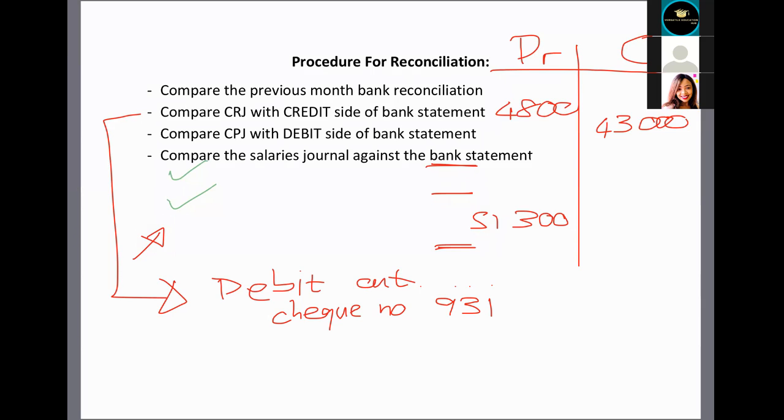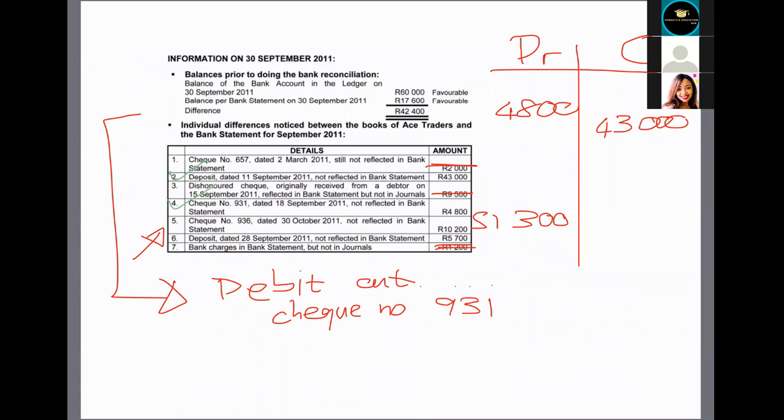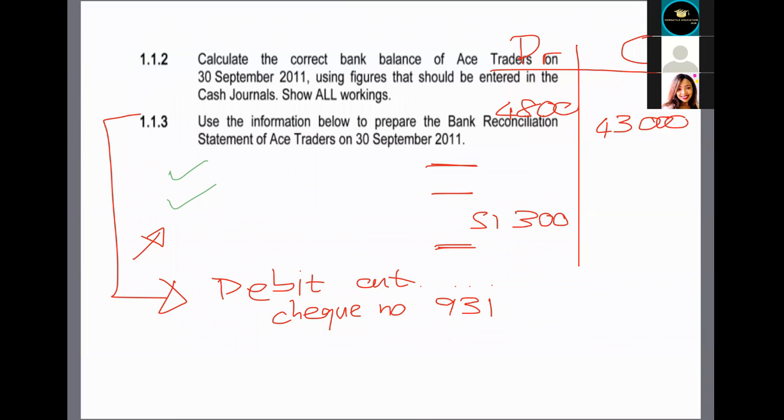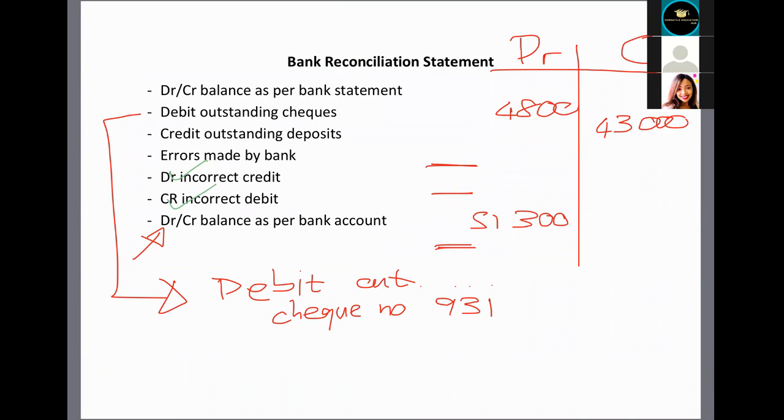And this amount here was 10,200. Did you guys see that? This amount was 10,200, right? So we take that amount, 10,200, and we put it underneath our 4,800.